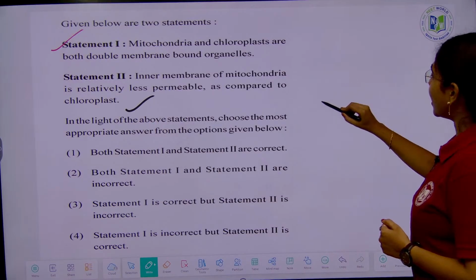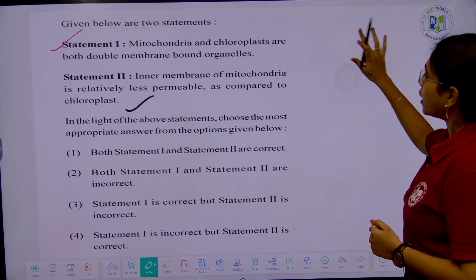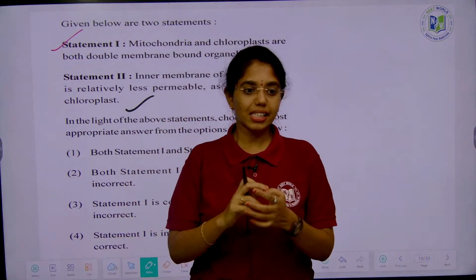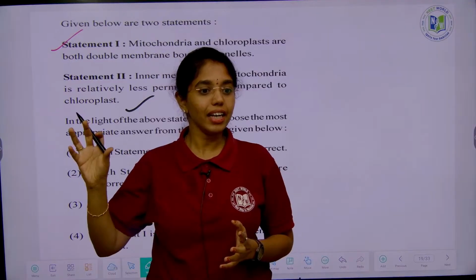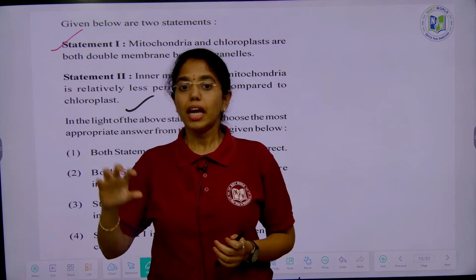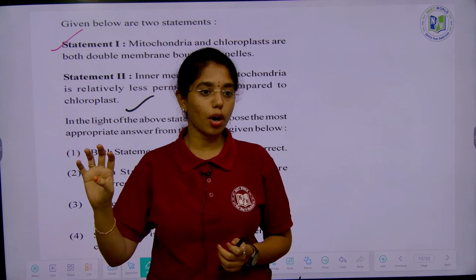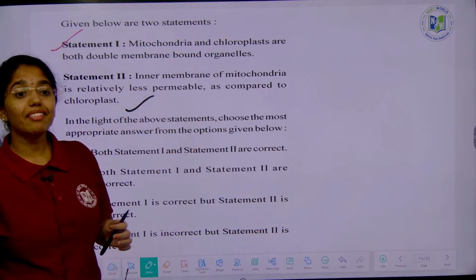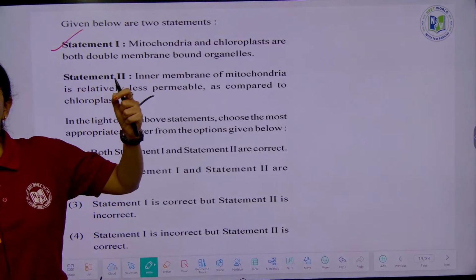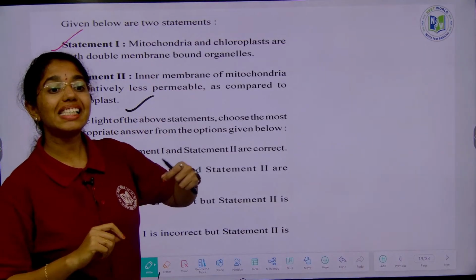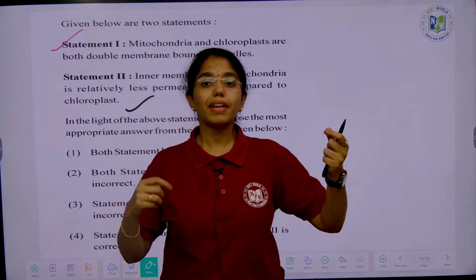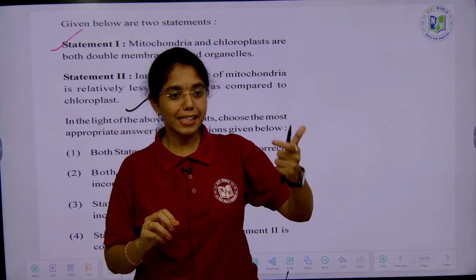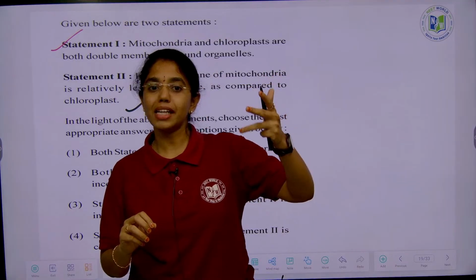Okay. So see here, in chloroplast we have two membranes, right? Inner membrane doesn't have any complexes like how we have in inner mitochondrial membrane. Inner mitochondrial membrane has 4 complexes, it has electron carriers and all. So it is selectively permeable in nature, whereas chloroplast membrane is mostly semi-permeable in nature. When I told you about the synonyms of plasma membrane, I told you plasma membrane, cell membrane, selectively permeable membrane, semi-permeable.